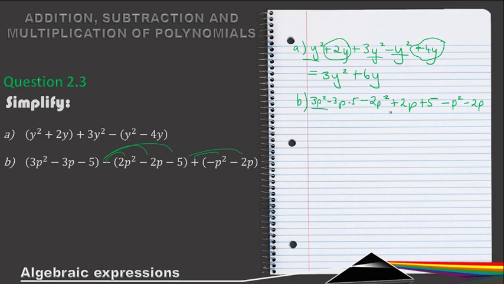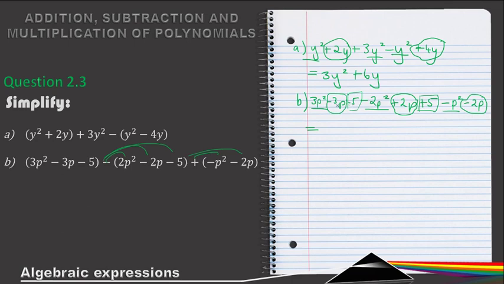Okay, so now we have our like terms, and here, and then here. Alright, and there's our constants. Okay, now, so 3 minus 2 is 1, and then minus another 1 is 0. So these add up to 0.